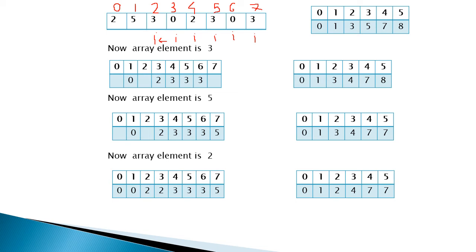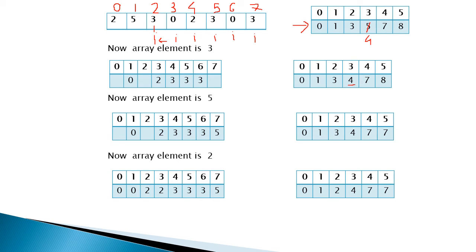the next is what? Suppose after decrementing I, on index 2 the value is what? 3. Then go to index 3 in the updated count array, then decrement that value on index 3 of the count array by 1, that will be 4.